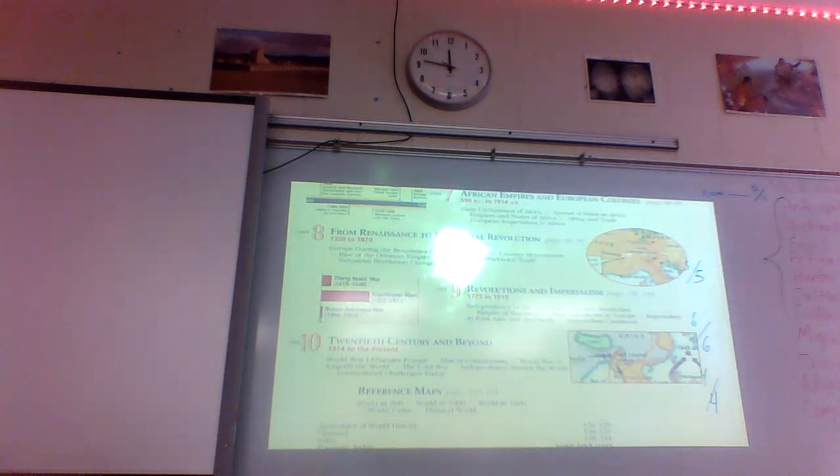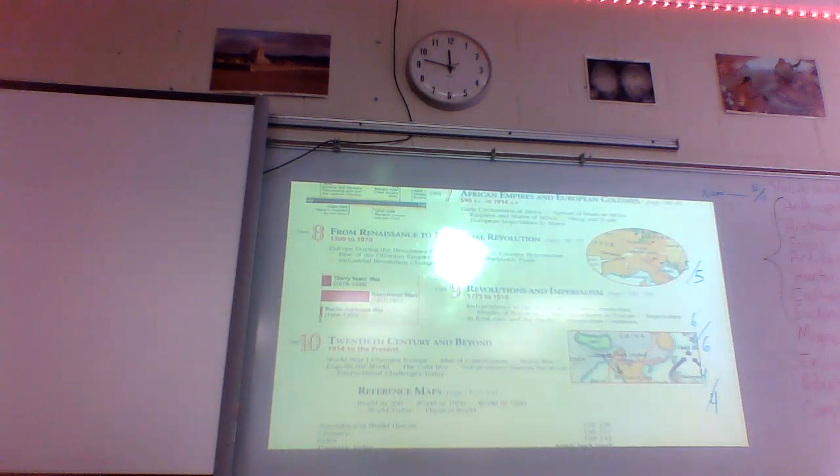In case you needed the answers again, A is pages 28 through 41. B is Unit 9, 1775 to 1910. C should be Unit 2 and Unit 4. D should be pages 122 to 131. However many you got correct out of 6 for that part.